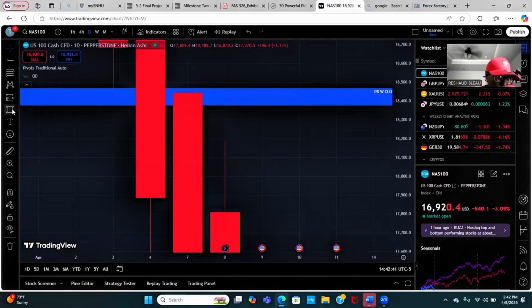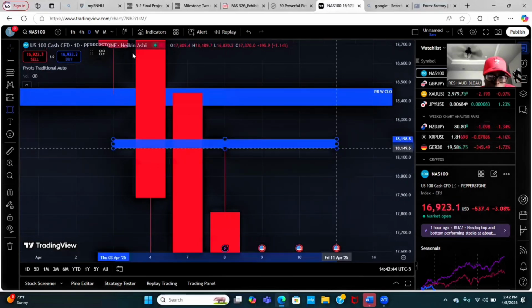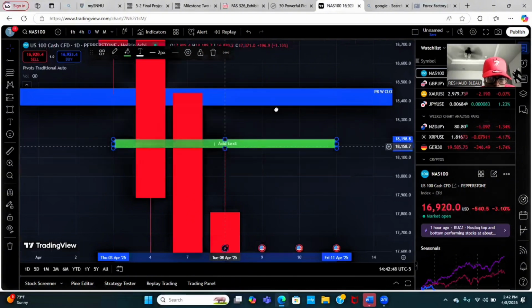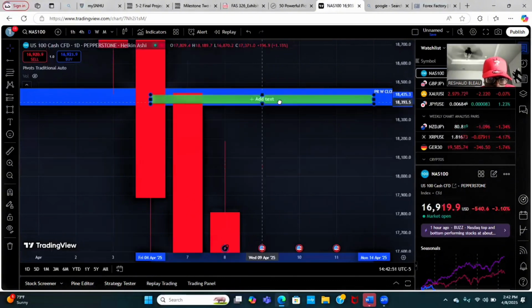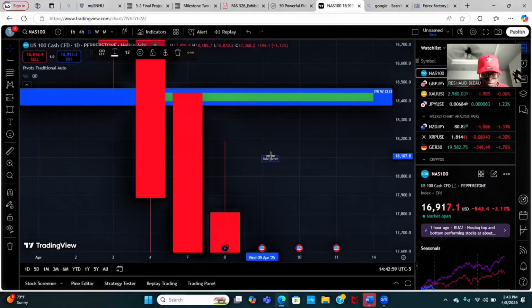I want to make this an obvious color like yellow, maybe green. Let's do green. There's no high on this, so it's only a previous daily open.